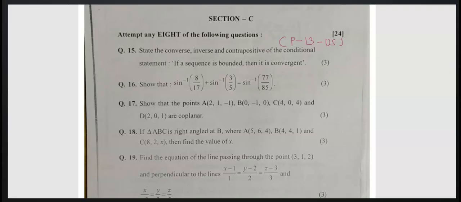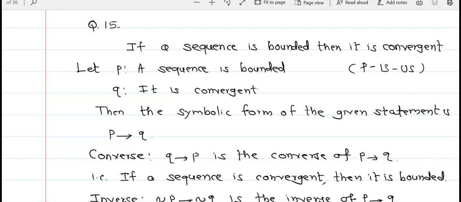Now see this again. P: a sequence is bounded. Q: the sequence is convergent. It is on page number 13, an unsolved question.